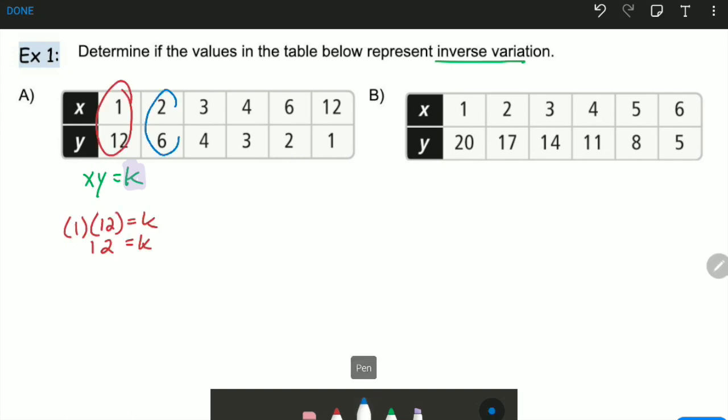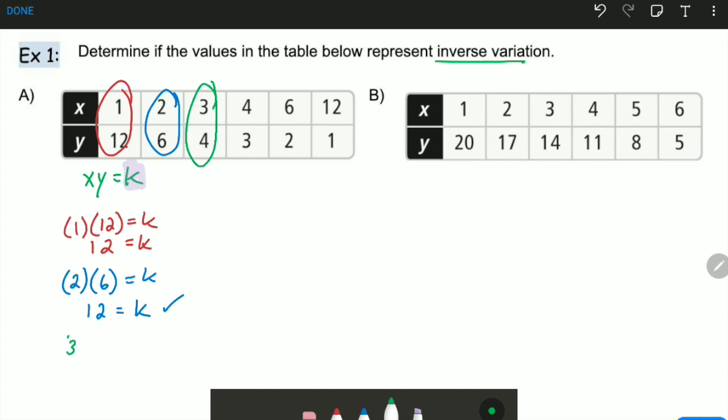So going through with the second ordered pair, my x value is 2, my y value is 6, and if we multiply them, 2 times 6 is indeed 12. So the second ordered pair has the same value for k. I'll do the third one as well. So 3 times 4 will be k, which means k is still 12, so we're good there.